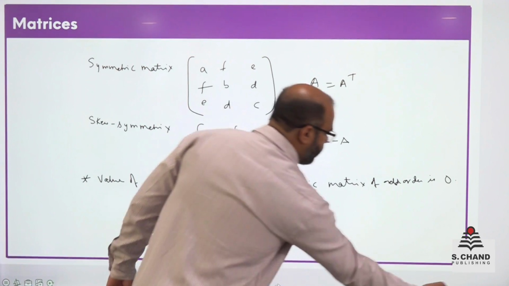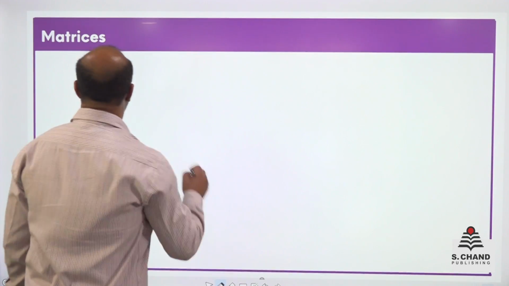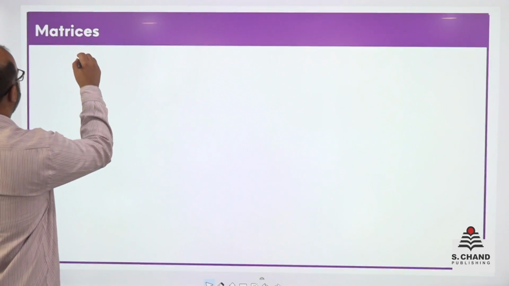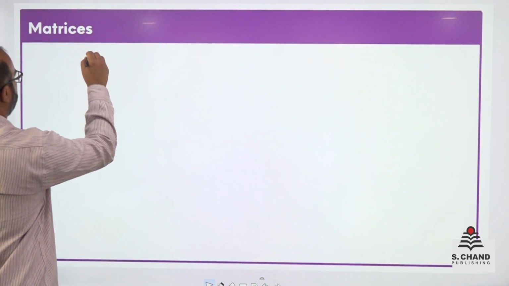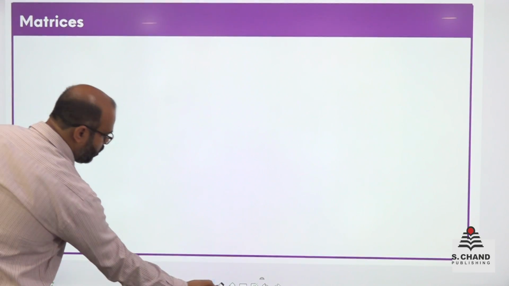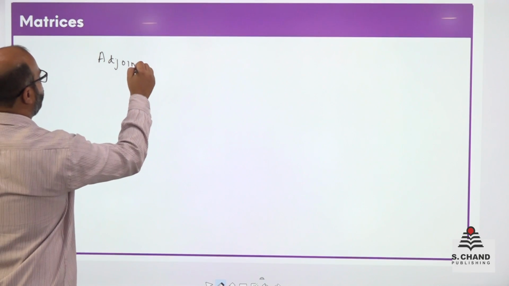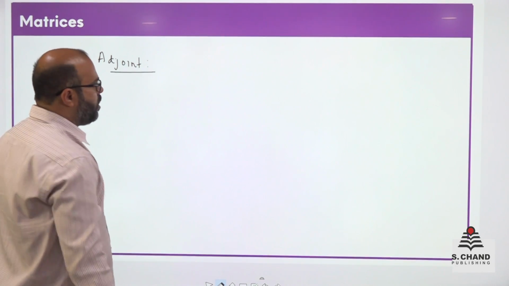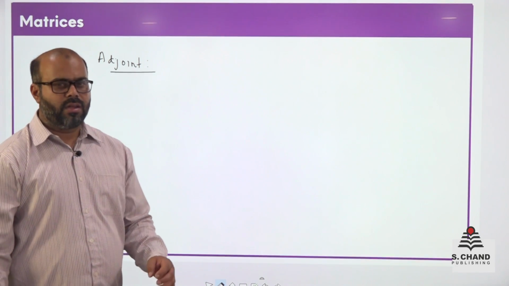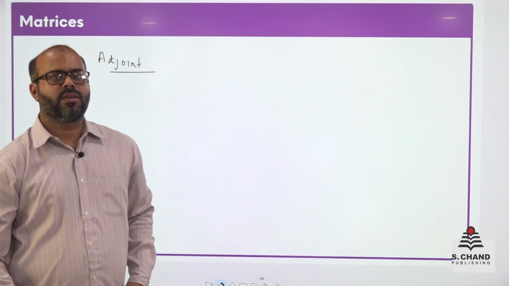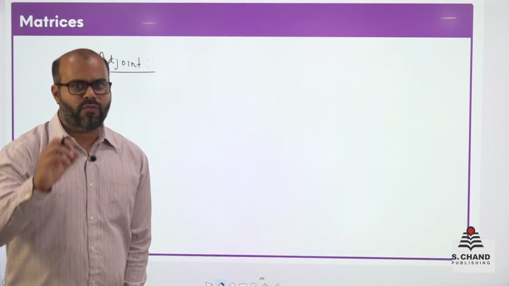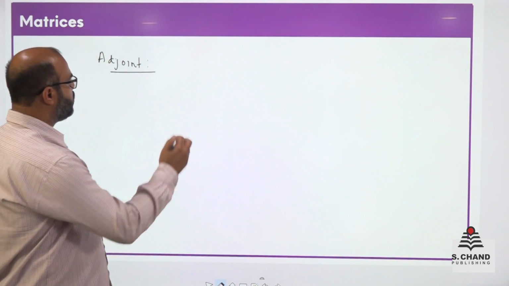Adjoint of a matrix. So what is the adjoint of a matrix? Adjoint is basically when you take the cofactors like this.